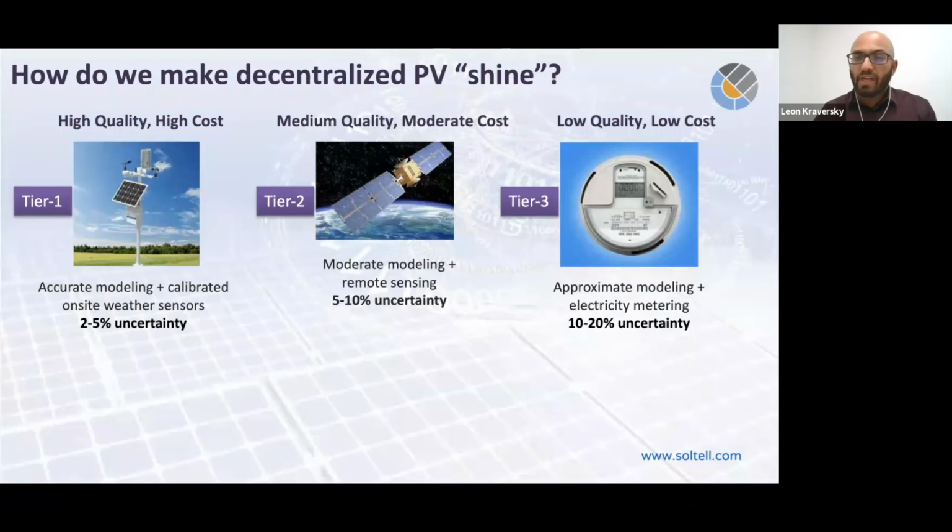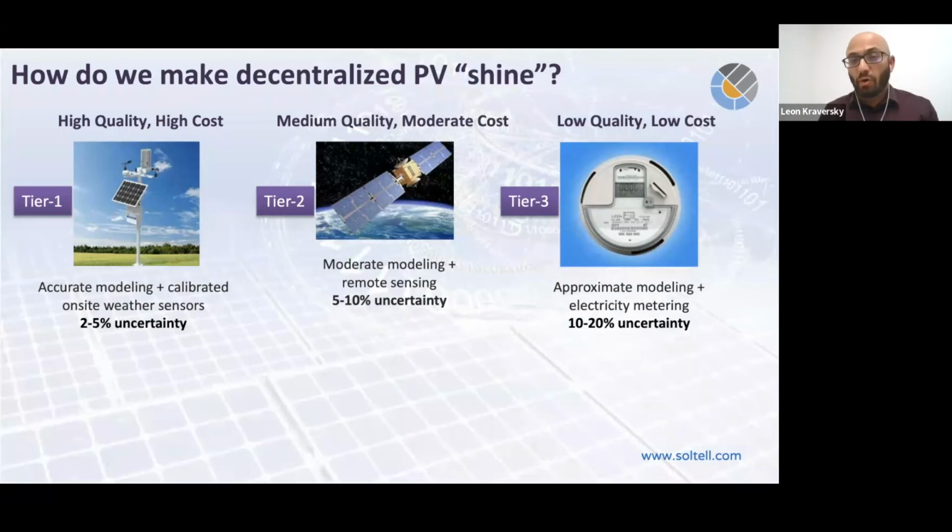On the other side, we have the low quality but low cost techniques with a simple model, and then just comparing those with meters. But the weather variation is making it quite inaccurate, and essentially what you get is quite bad results, which are not as much quantitative, but rather qualitative.